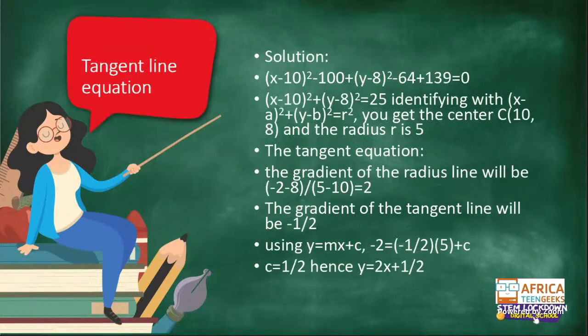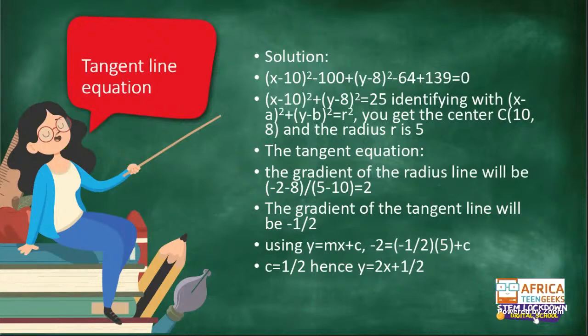All right, so we know that the gradient of the radius, between the center and the point passing through the tangent line, we have seen that is 2. Now the gradient of the tangent line is negative half.